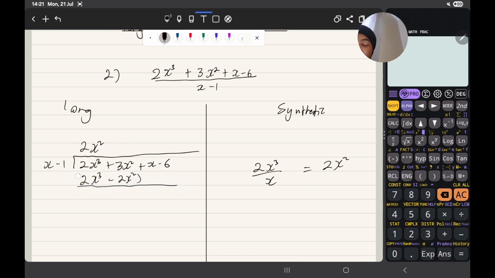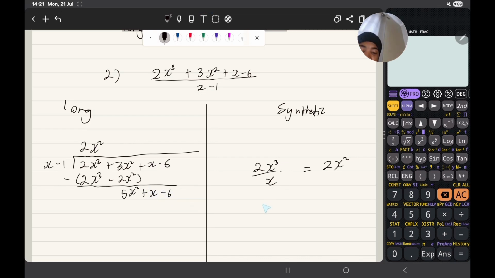Then you subtract these. This is going to be 0 and this is going to be 5, so you have 5x squared. Then we bring down the other ones, plus x minus 6.